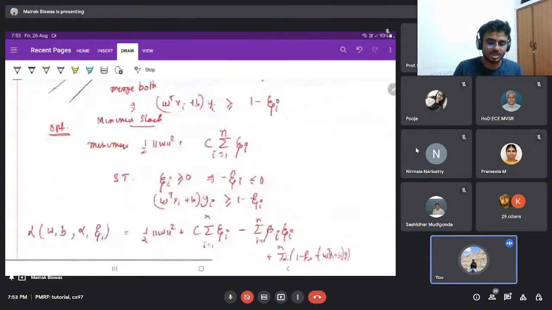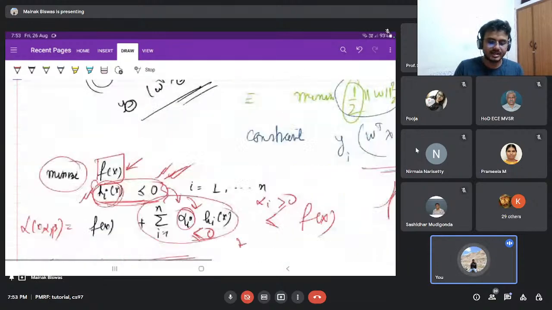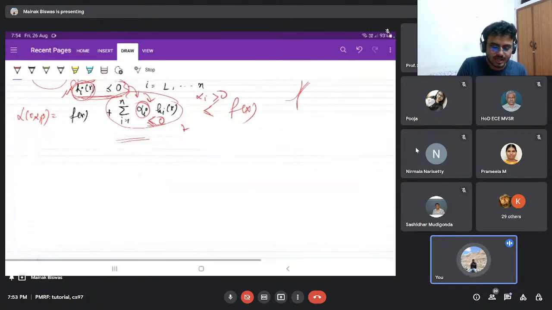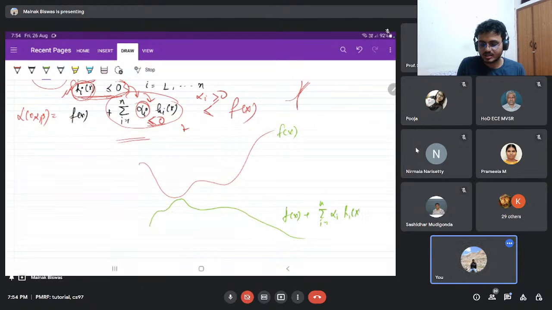So I have drawn a picture here for the intuition. Let's draw it again. So this was your f of x, right? When you add some function, this is f of x plus alpha i hi of x. So in SVM something like this happens. This optimization problem is hard.